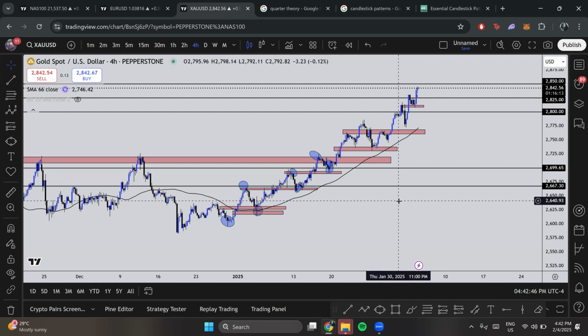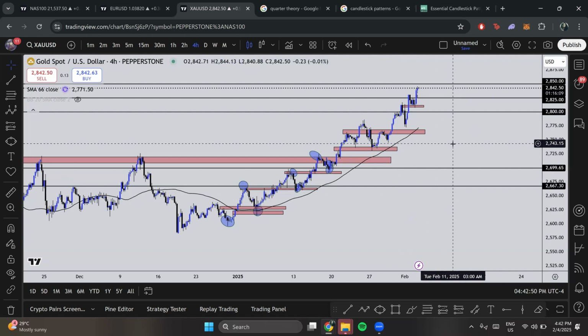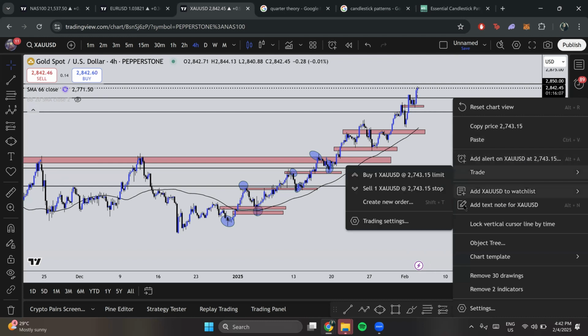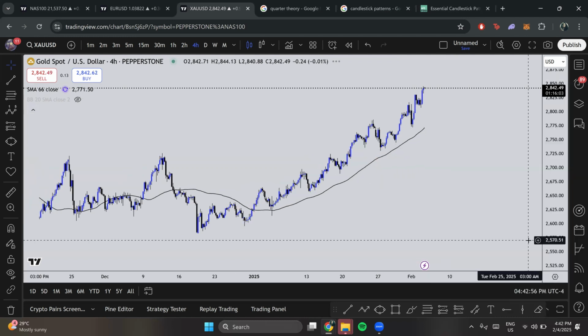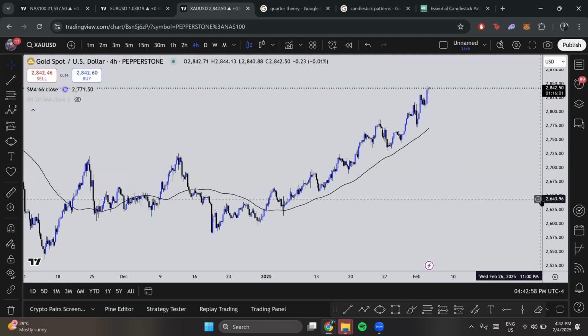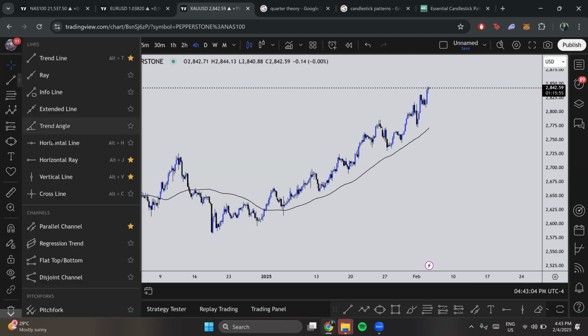So yeah, let's start from the top. I'm going to delete everything, and we're going to start with a clean chart. So gold H4 chart. All right, what's the first thing we're going to do? Well, we're going to identify our key levels.